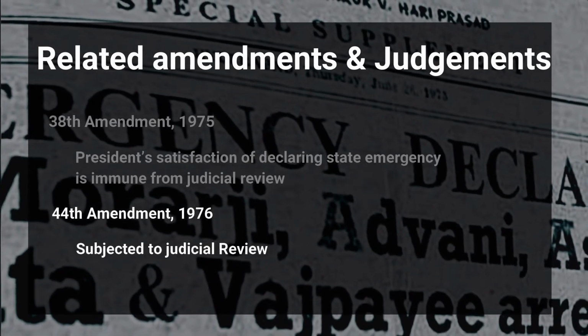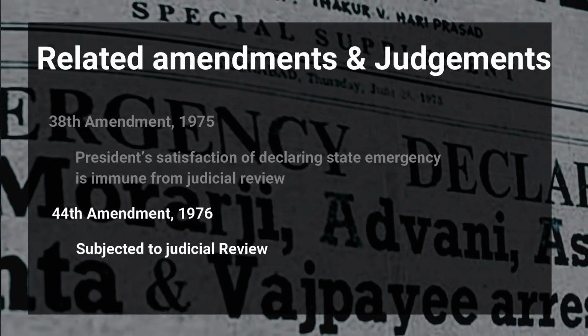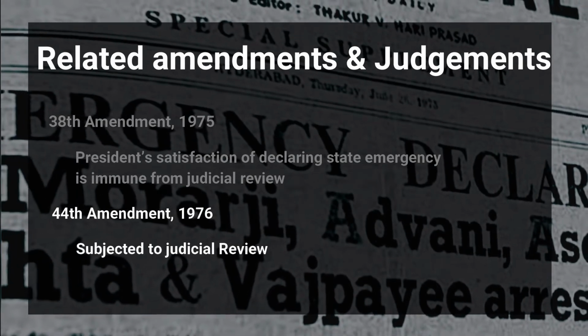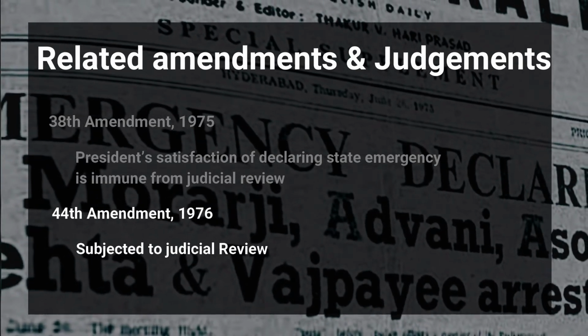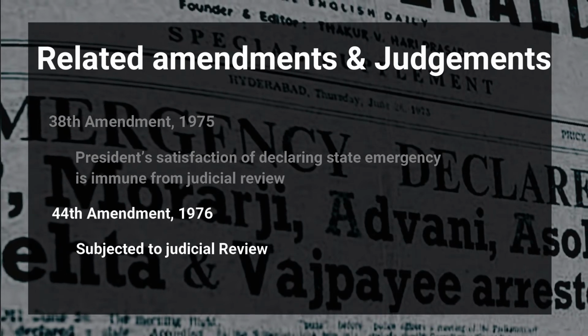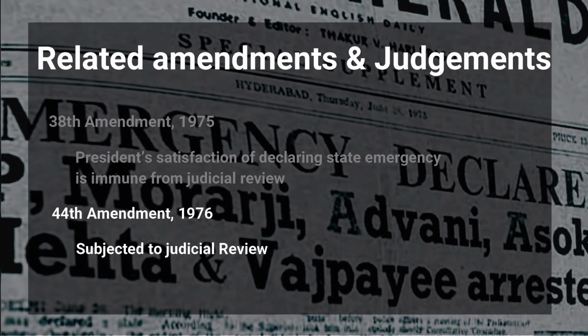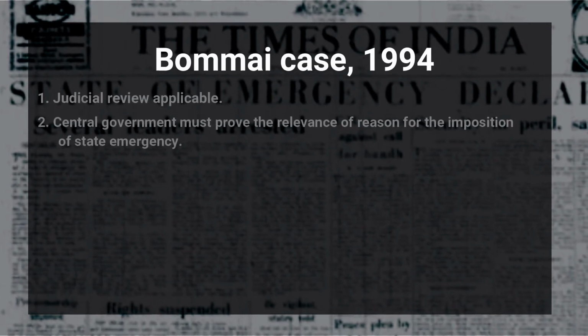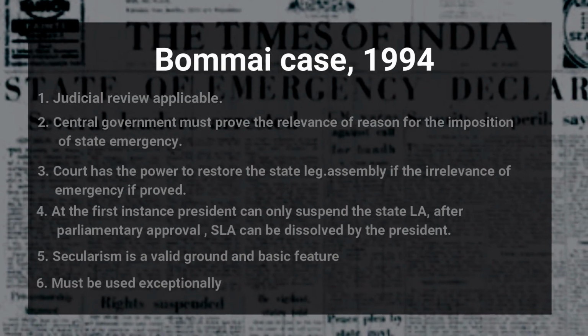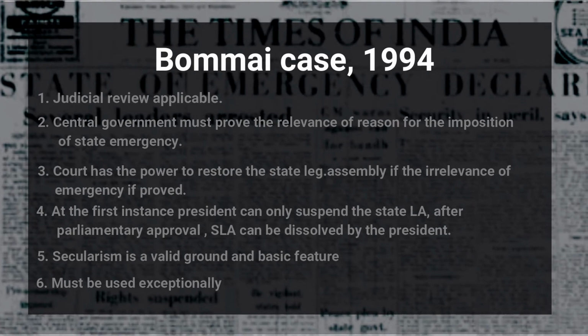But through the 44th Amendment of 1976, this provision was taken away and the President's satisfaction came under the scope of judicial review. An important case which brought numerous changes was the Bommai case of 1994.